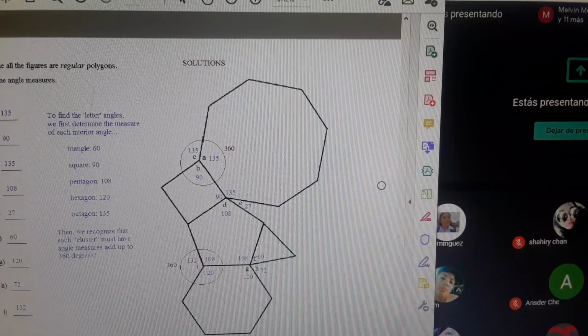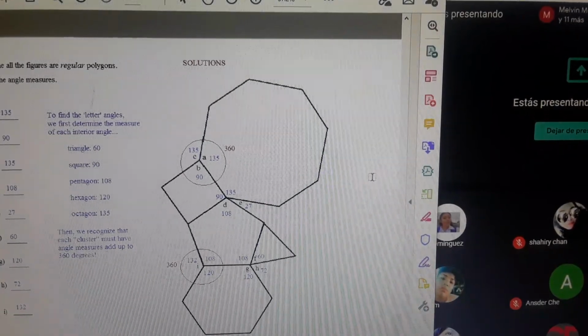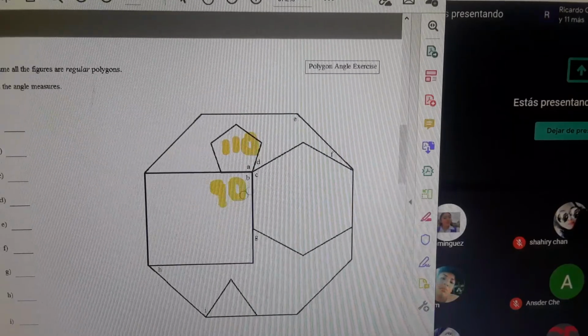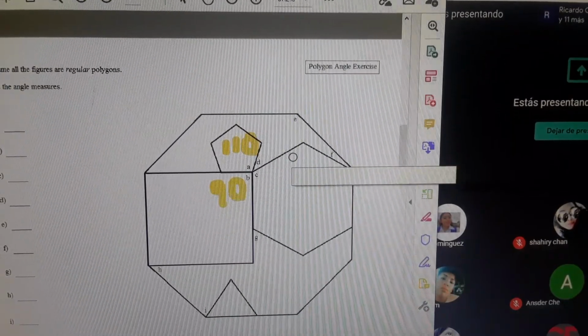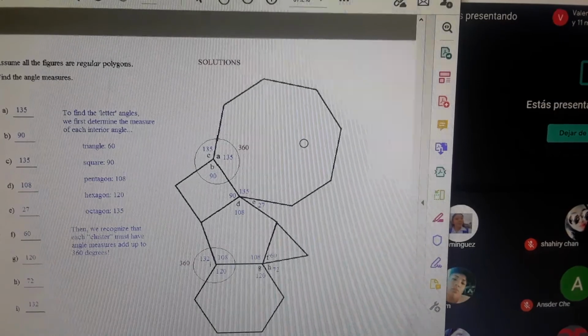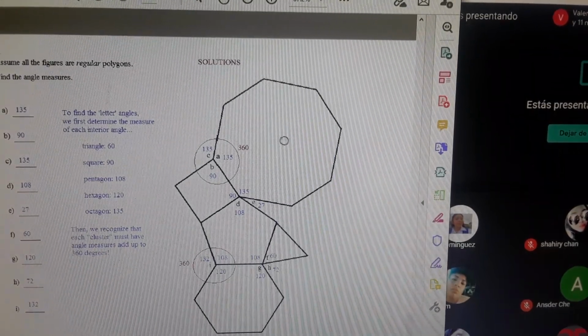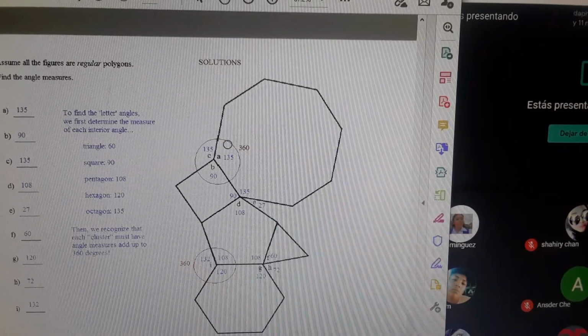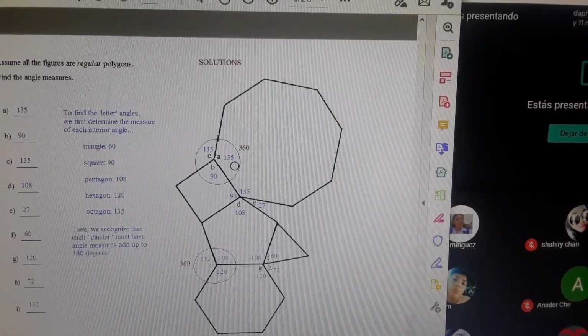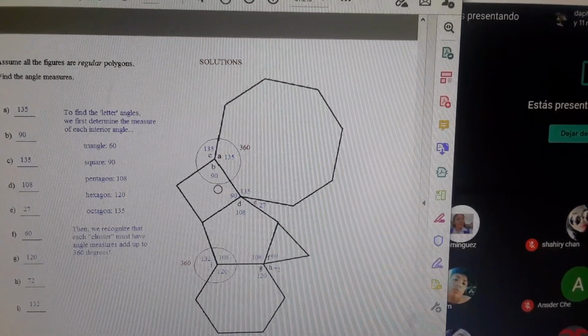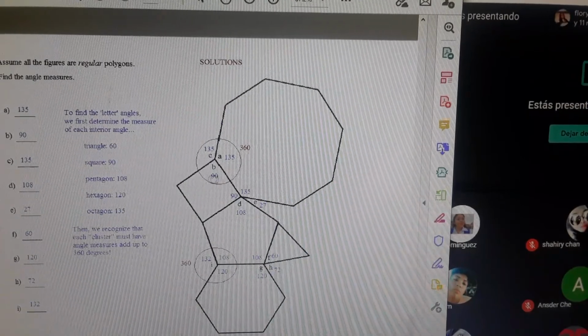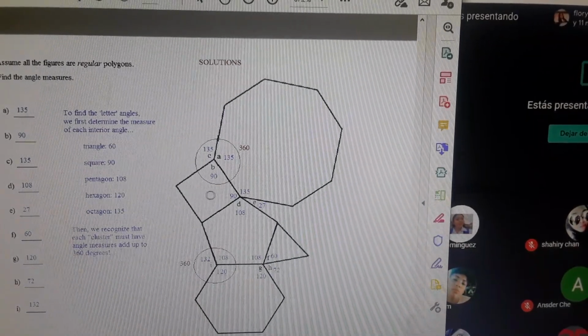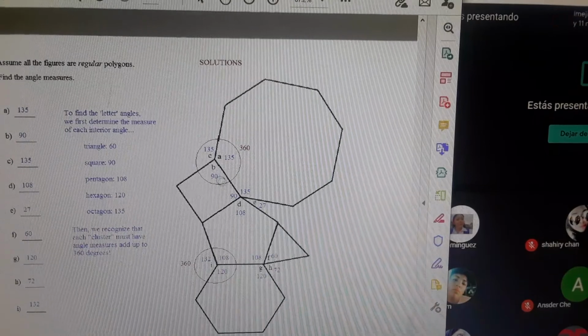So when you return the package, I want you to have this as well, okay? This one. Octagon? Okay? It's an octagon, yes. And it has an angle of 135 degrees. So we have another figure here. What is this figure?